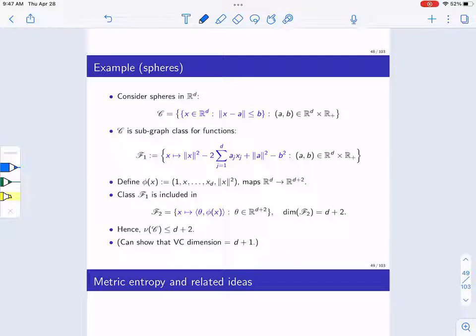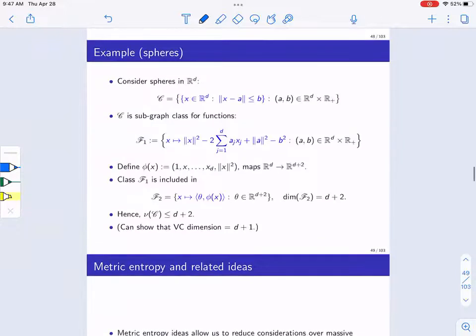The level sets of this are the largest subclass, and that's how you get that the VC dimension is at most d plus 2, but you can in fact show that the VC dimension is d plus 1. So this gives you the right order, but not the exact bound. Okay. Questions?